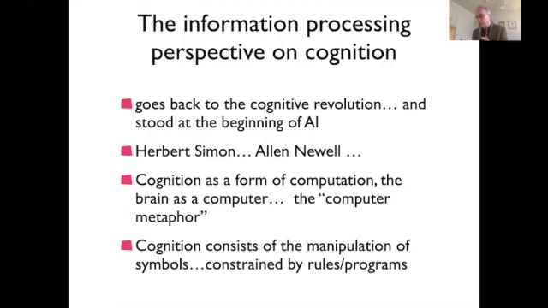So this was a parallel development in psychology, cognitive psychology then, emerging from that, and in what is now called artificial intelligence, so computer science, of how to build artificial systems that reflect human cognition in some sense. That was an interesting parallel conceptual move in these two fields. And people like Herbert Simon and Al Newell were actually computer scientists. So it was the notion that cognition is some form of computation. The brain is like a computer. It's sometimes called the computer metaphor.